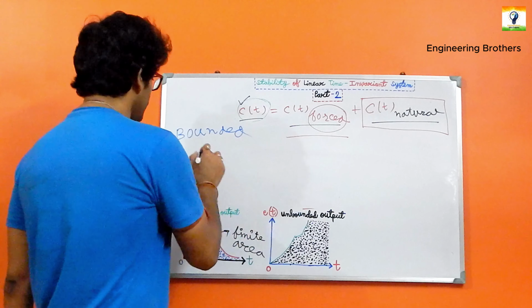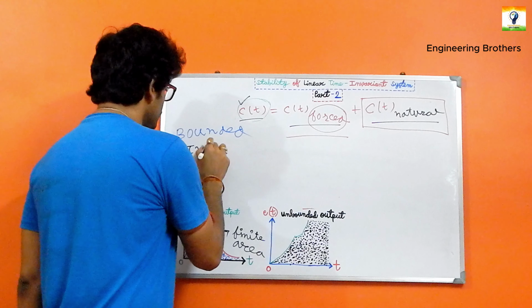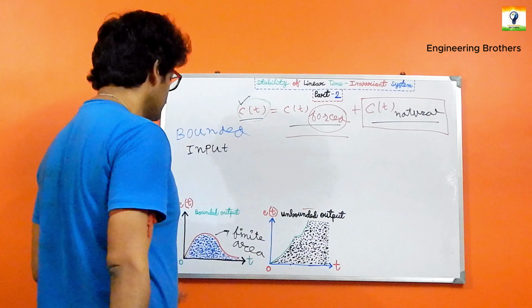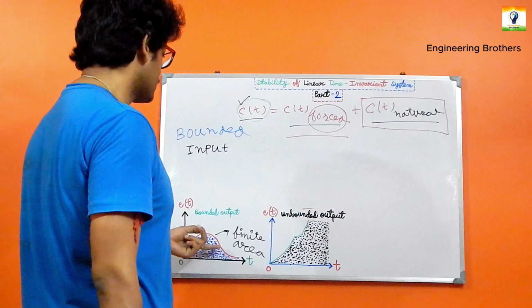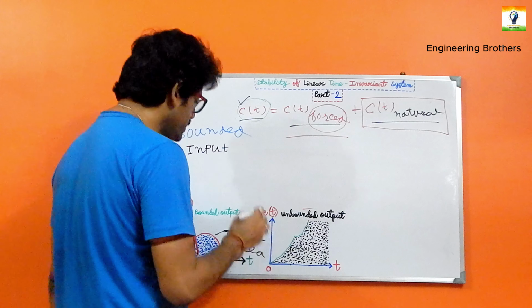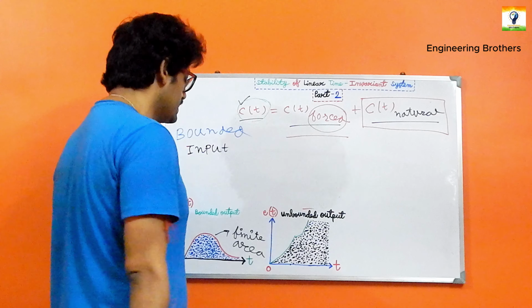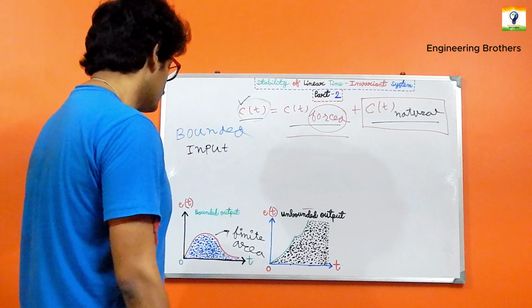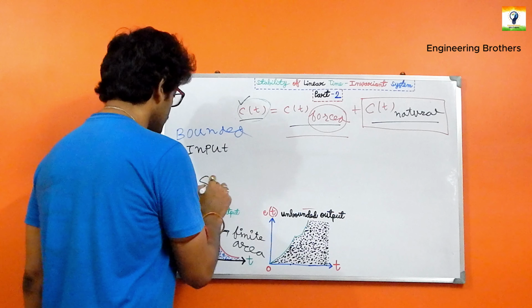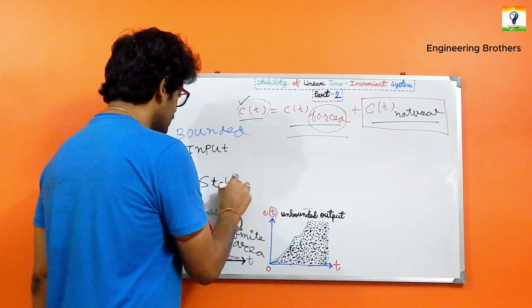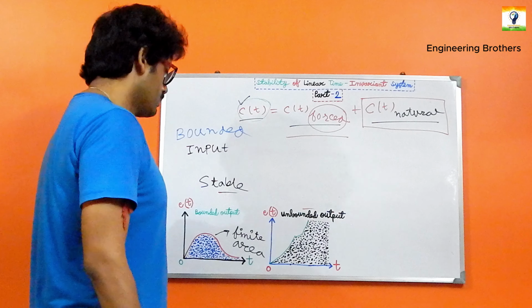Now if we apply the bounded input in any given system, and we have this bounded output, which gives us the finite area, we can say that the system is stable. Why?